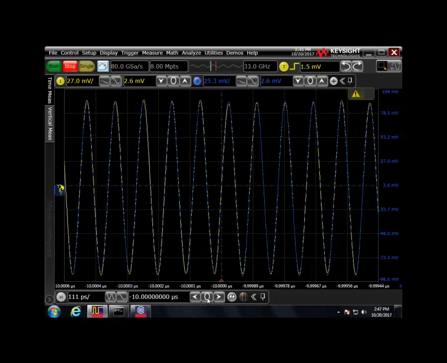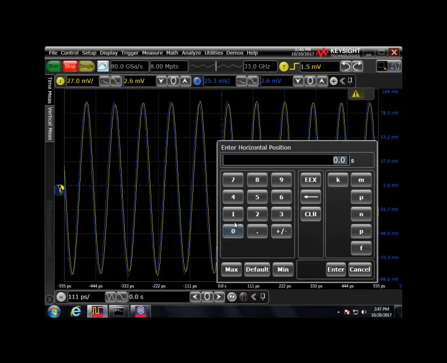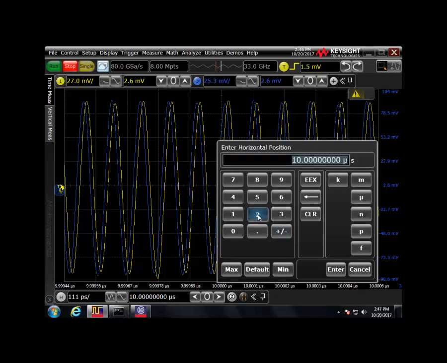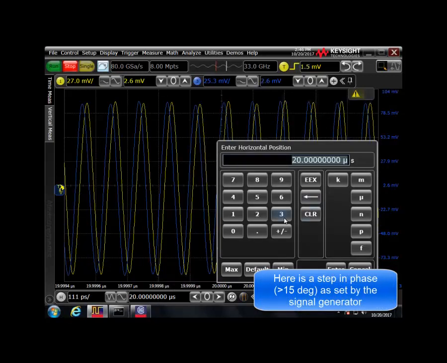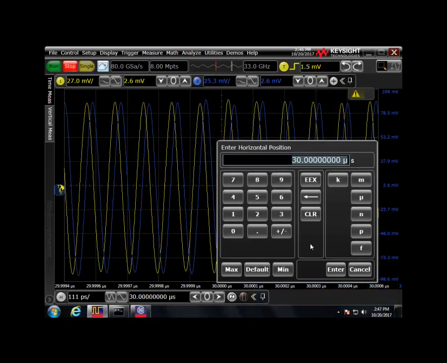The first one I want to go to is the next pulse. If I click on 0 here, now we can see that the blue trace is advancing, and if I increment another 10 microseconds, there's a continued phase walk. I go to 20 microseconds to the next pulse. Again, the increment here is effectively 15 degrees per change, and 30 microseconds.